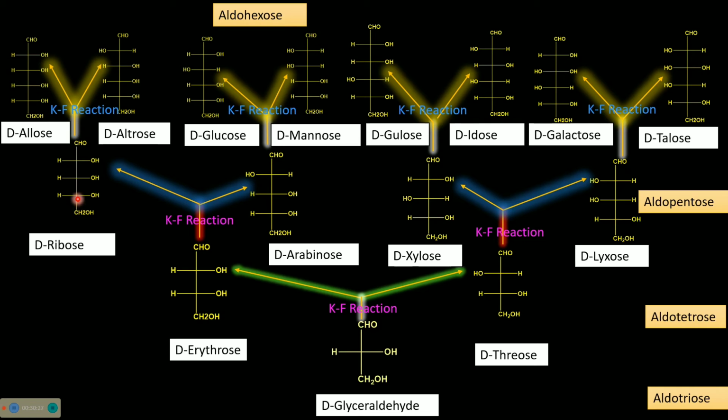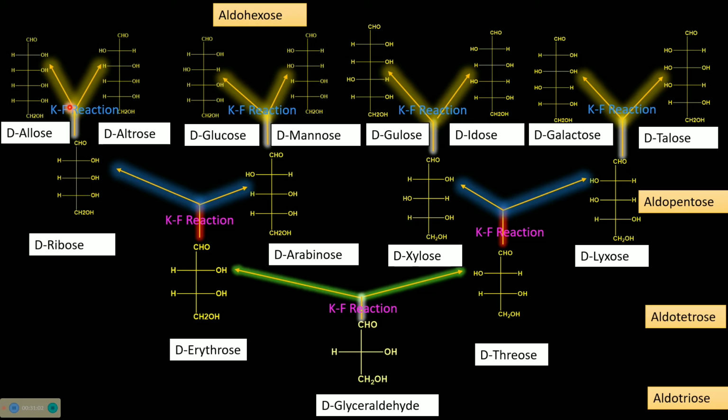So CH2OH and 3 chiral centers, with 3 OH to the right in the first product. Second product, CH2OH and 3 OH to the right side. The extra chiral center formed upon Kiliani reaction is the top chiral center. If one OH group is on the right side, then in the other product the OH group has to be placed on the left side. So D-ribose gives D-allose and D-altrose upon Kiliani reaction.